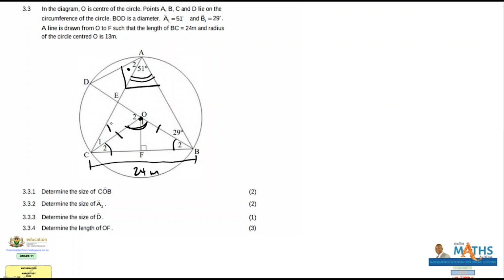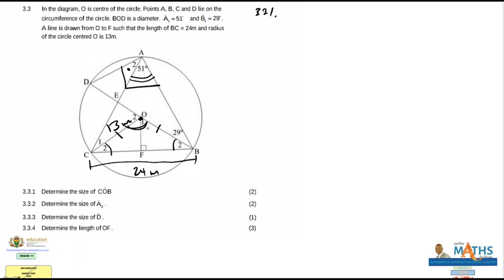I can call this OC my radius, which is 13 meter. Okay, let us look for 3.3.1. Determine the size of COB.